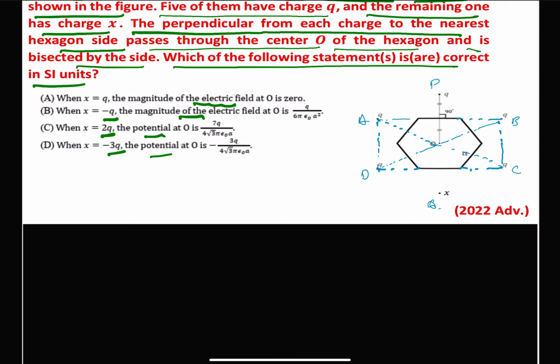From here, this is center O, and let us call this point O prime.